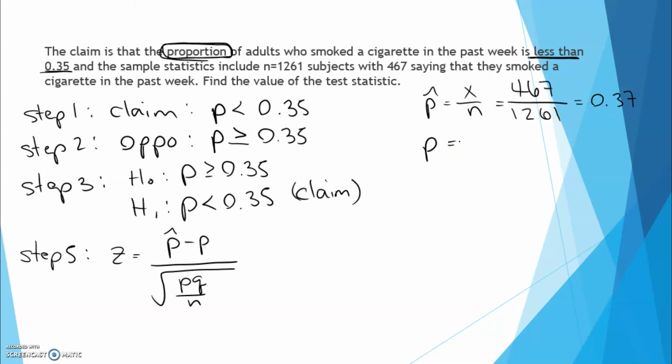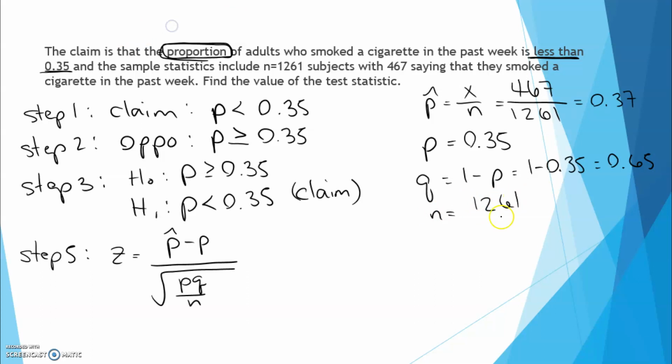Okay, P is equal to, well, this is 0.35, which means Q will be 1 minus P, or 1 minus 0.35, which would be the same thing as 0.65. And N is the 1,261.